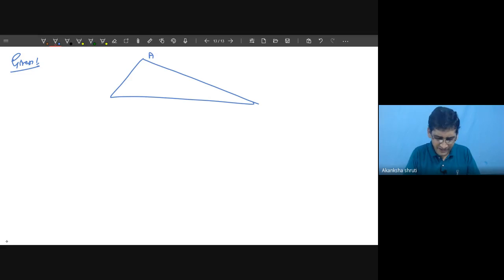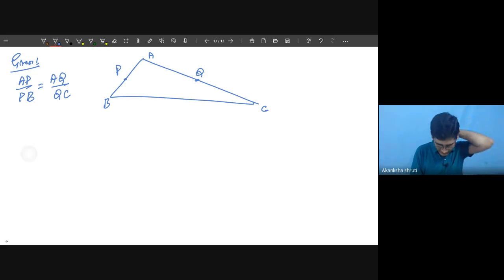You are given with triangle ABC, in which the point P and Q are the 2 points on the two sides, such that the ratio of AP by PB is same as AQ by QC.